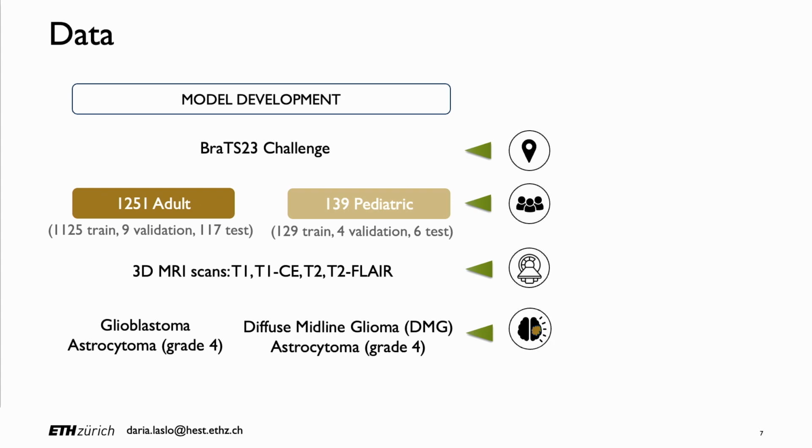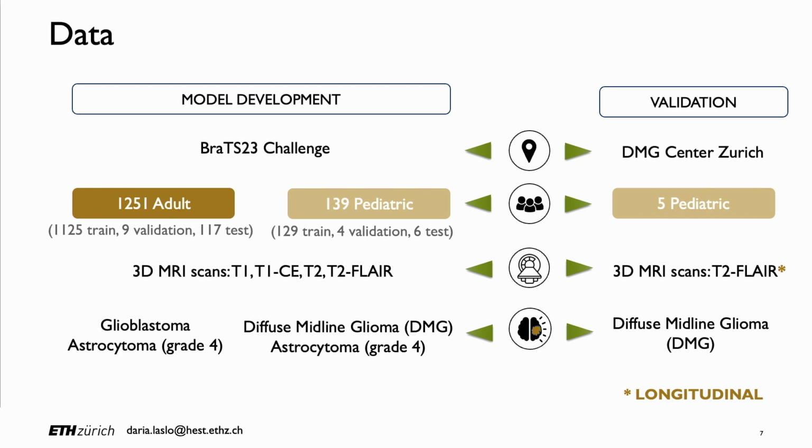What I just want to stress here is that we had one time point. So we just had an input scan, and we made it grow from the available time point. Once this was working, we wanted to validate our results, and for this we used a quite small data set of pediatric patients where we had longitudinal data available.